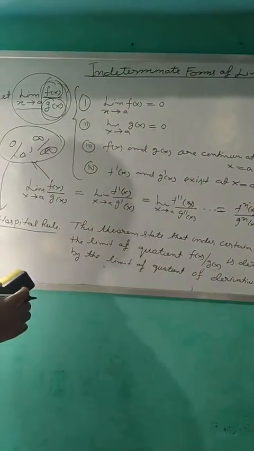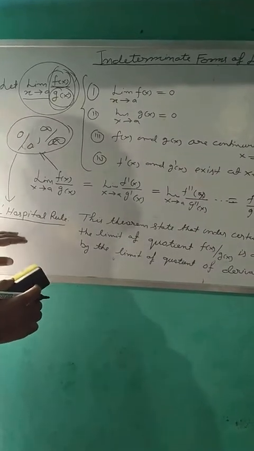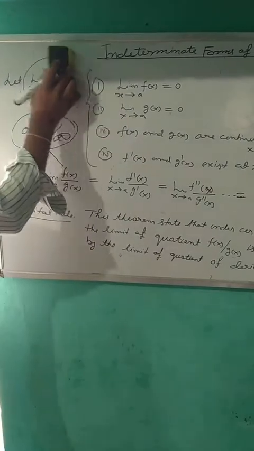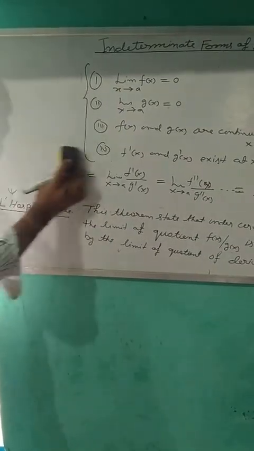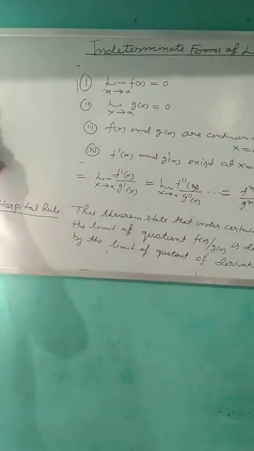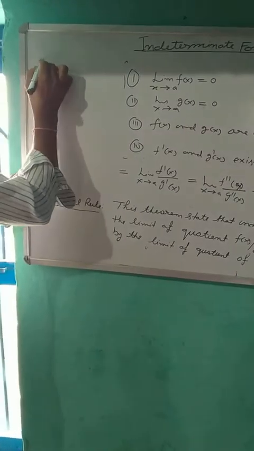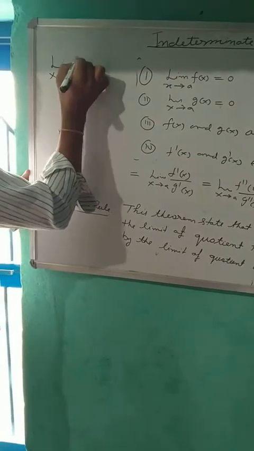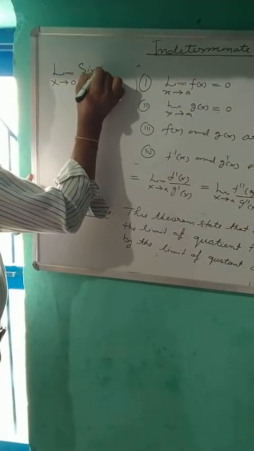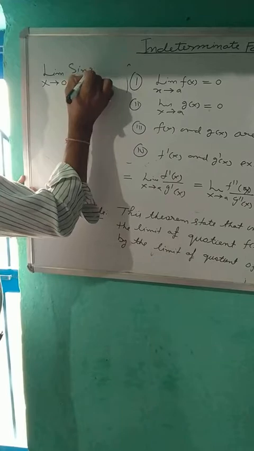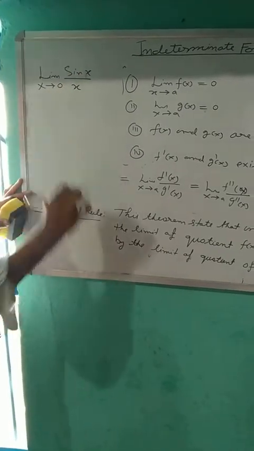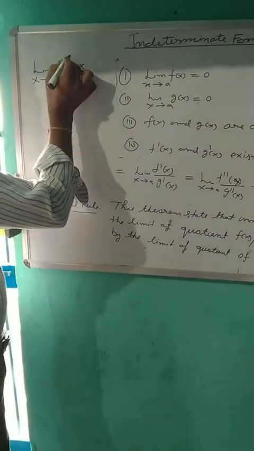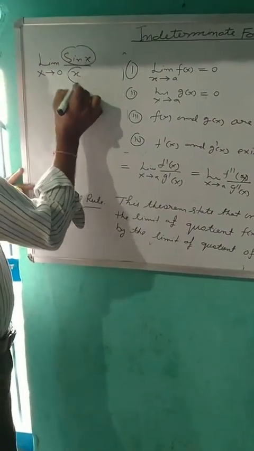Let us take an example of using L'Hopital's rule for such a function. A basic example: suppose we have the function, limit x tends to 0, of sin x upon x. In this case, sin x is f(x) and x is g(x).